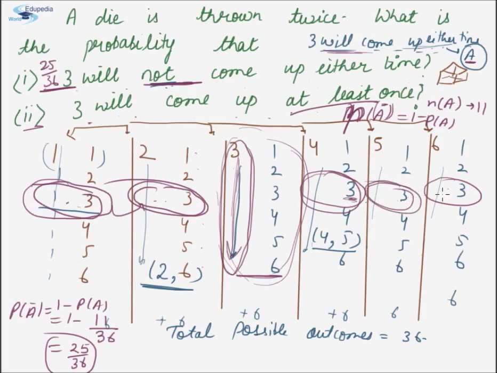For the second case, this position is also included. So in fact these are the favorable outcomes of the event A. So in the second question we are asked to find the probability of A, which is 11, the number of outcomes favorable to A, over total possible outcomes. So the second probability is 11 over 36.